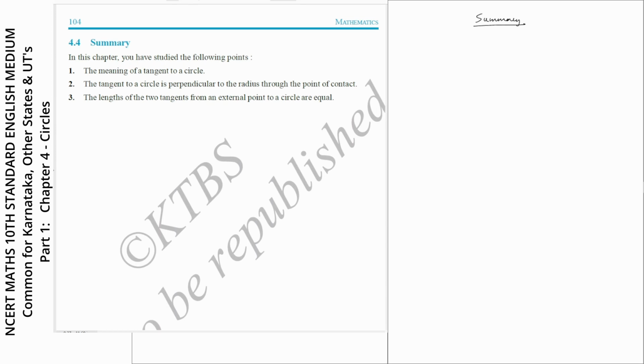Summary of this chapter. Point number 1: the meaning of a tangent to a circle. A tangent to a circle is a straight line which touches the circle at only one single point on the circumference, like this, or it can be like this. A, B, P, Q are tangents which touch at a single point.